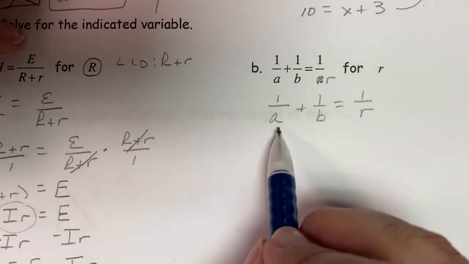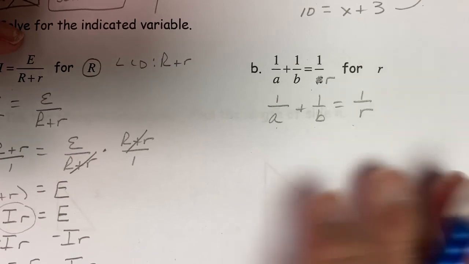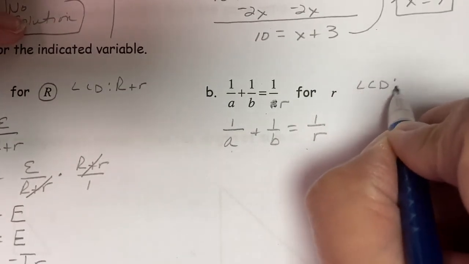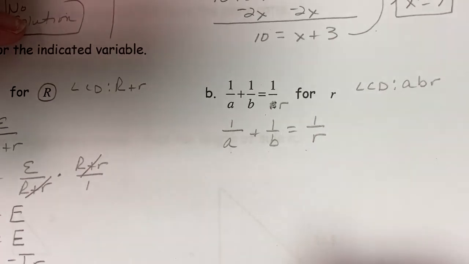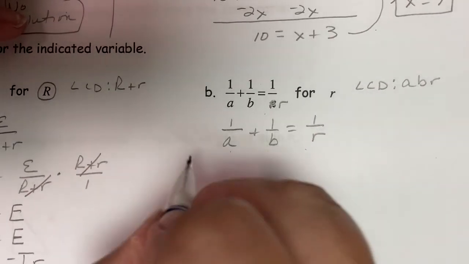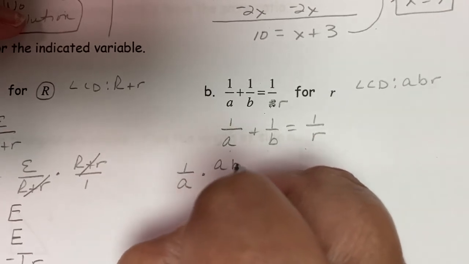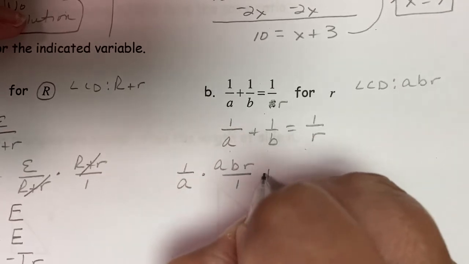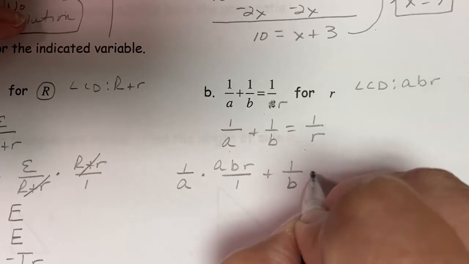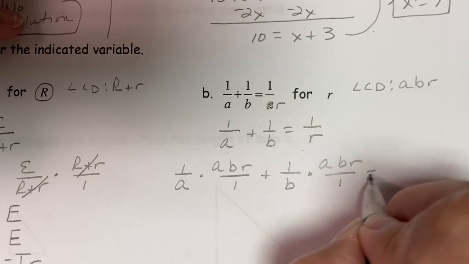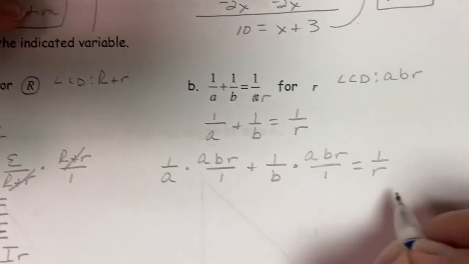All right, so if I look at all the denominators, what's my lowest common denominator? Because I'm going to get rid of the fractions. Well, it looks like simply ABR. So I'm going to take every fraction and multiply it by the LCD over 1. Same steps that I've been doing all along.